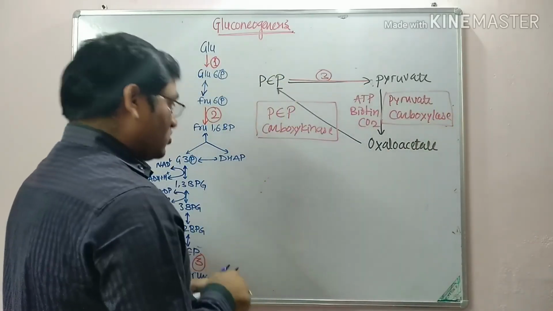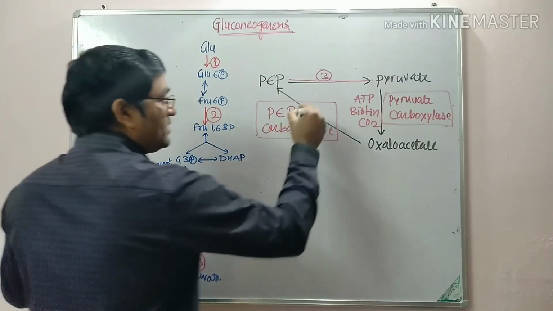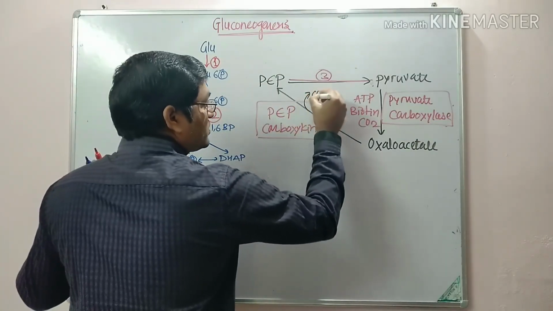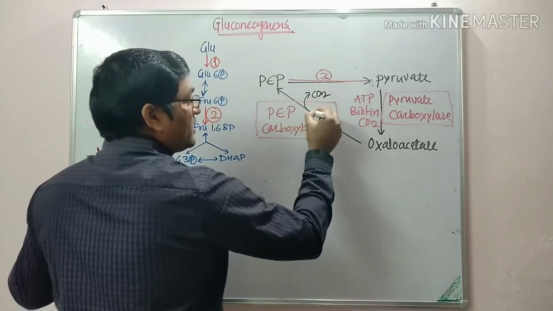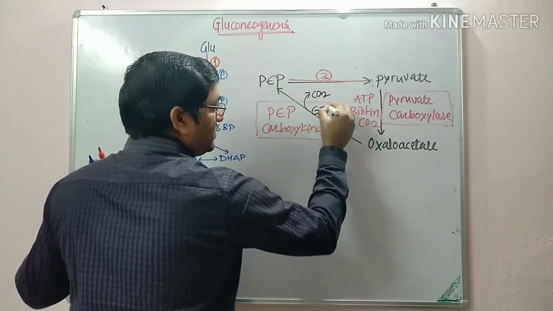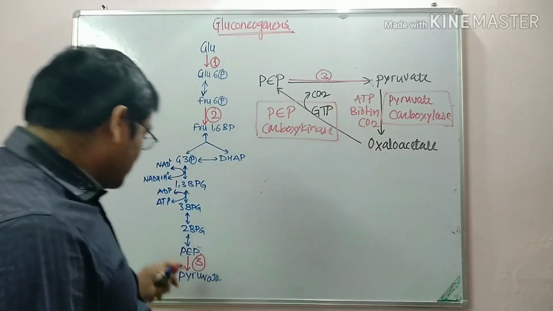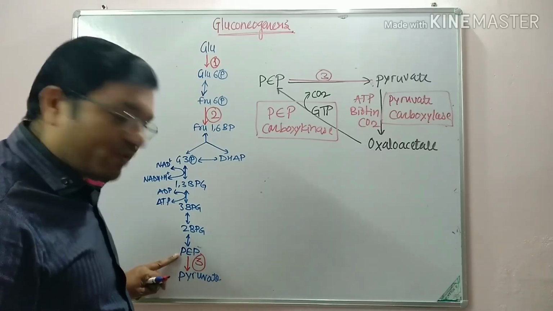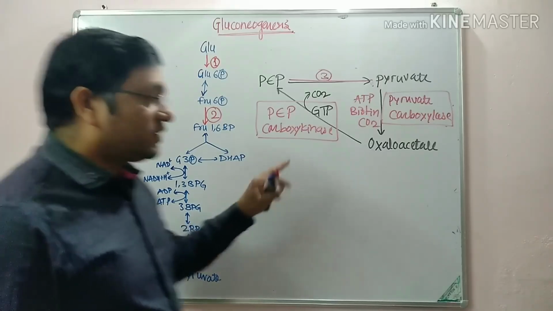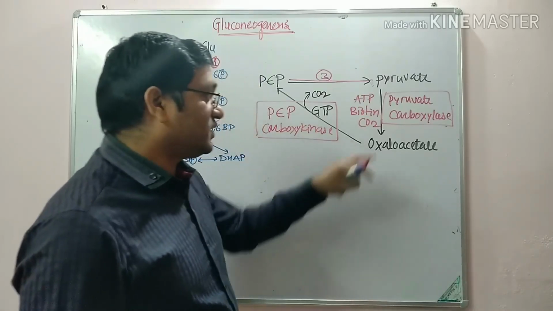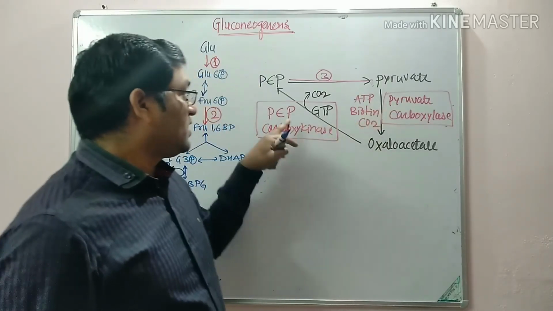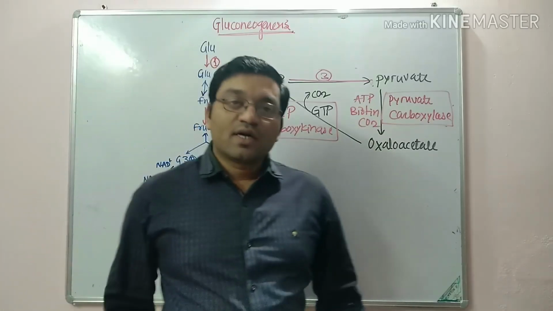In this reaction there is removal of CO2, and it requires GTP. So this irreversible step, conversion of phosphoenol pyruvate to pyruvate, is reversed with the help of two important enzymes, that is pyruvate carboxylase and phosphoenol pyruvate carboxykinase.